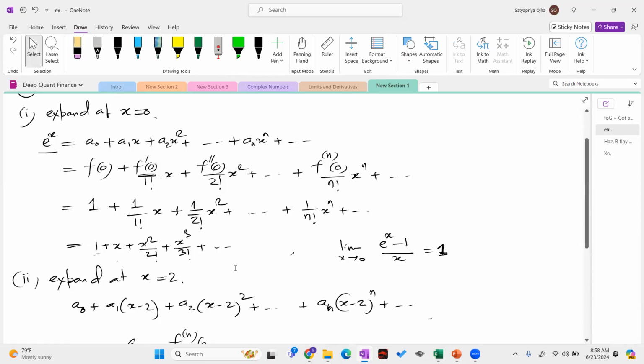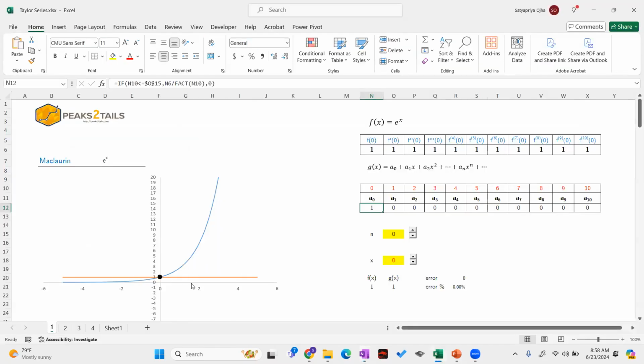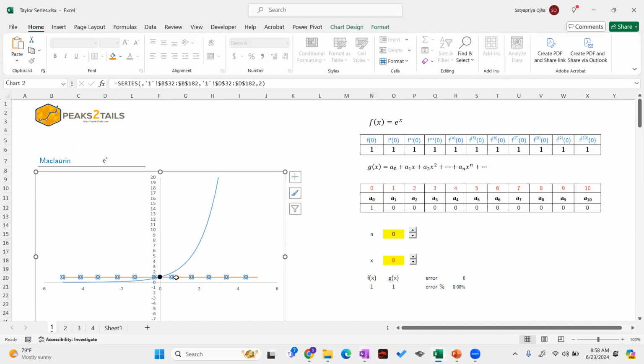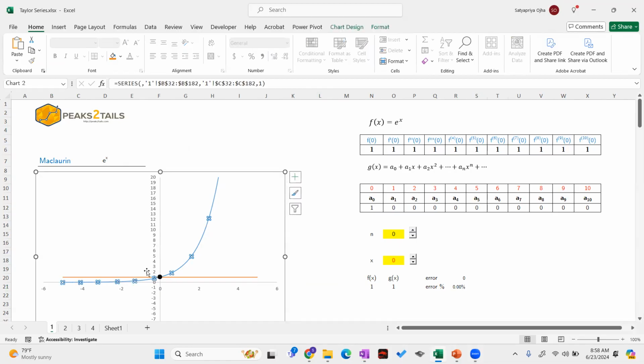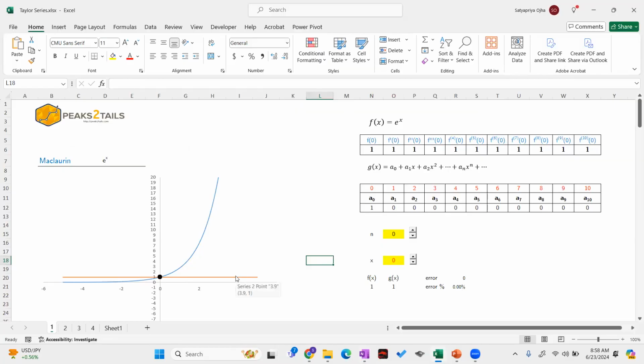If it is always 1, then my graph of the polynomial would look like this. It's a constant approximation. It passes through 1. Everywhere it is 1. Okay? Are you with me so far? This is the true function. And this is the constant approximation because the constant is 1, because the first term is 1 in the expansion. Till now, is it clear?